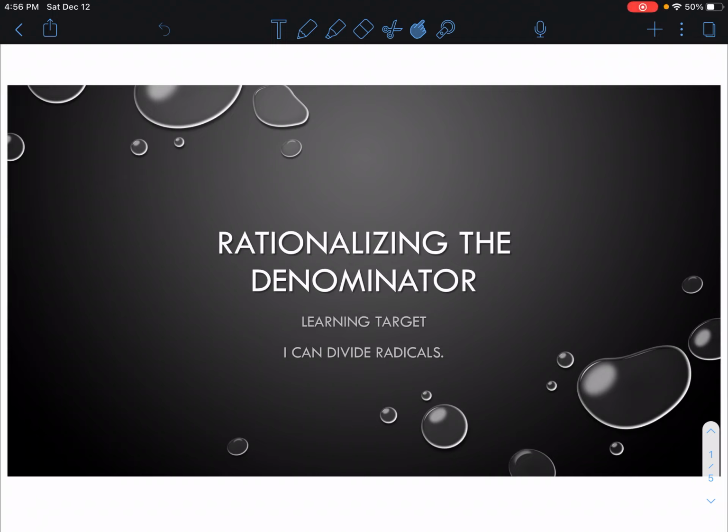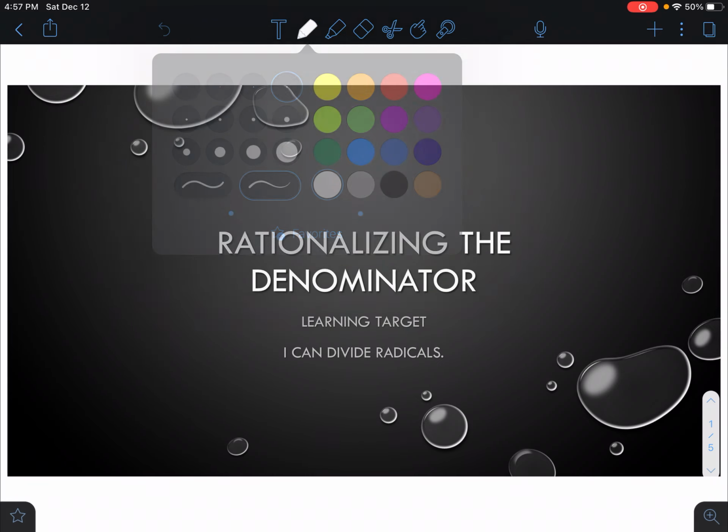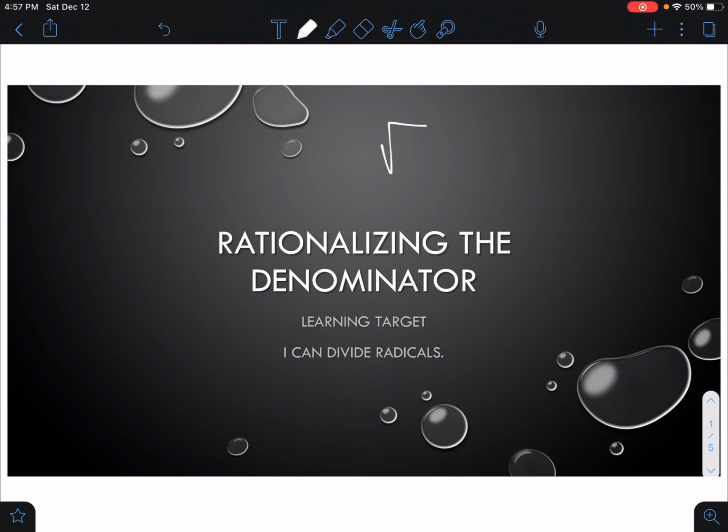Okay, so today we're going to learn something called rationalizing the denominator. Before we get going on that, let's say I had the square root of 5. If I multiply that by the square root of 5, I would get the square root of 25, which is 5.